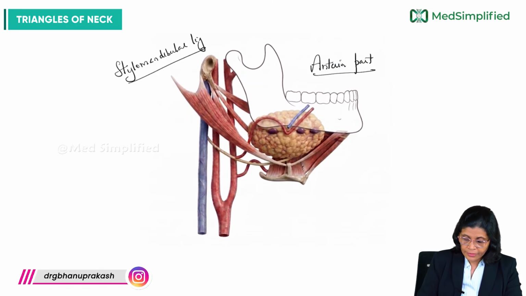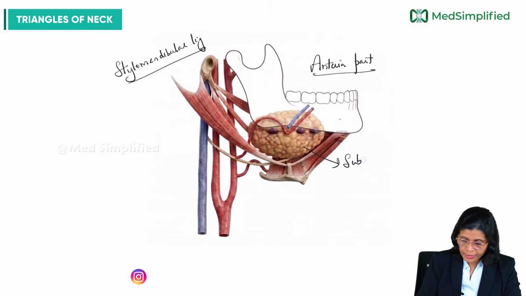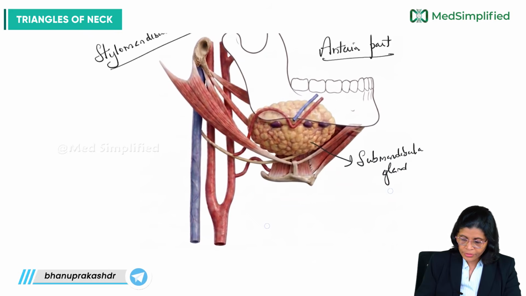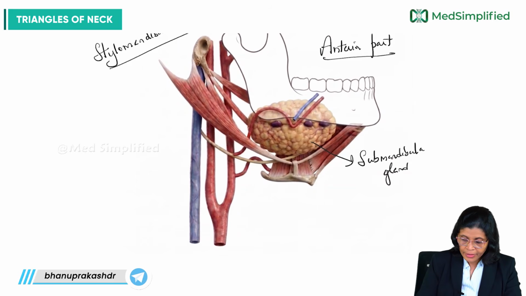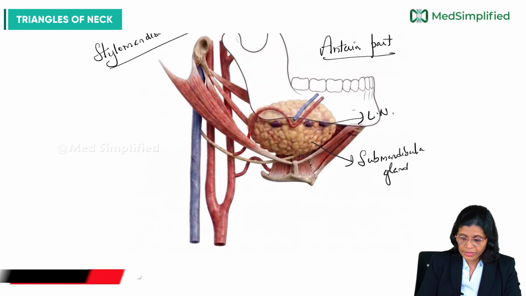So the contents here, what are we seeing? Mainly the submandibular gland. Okay, so this is the submandibular gland. We see the submandibular lymph nodes. Then superficial to the submandibular gland, there is the facial vein.